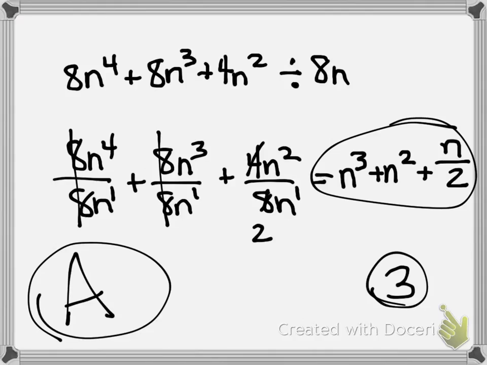We could use this process by dividing each piece by that monomial, and it was easier to see. But when you divide by a binomial, you have to use long division. Today, in the next lesson, I will show you a different way to divide this.